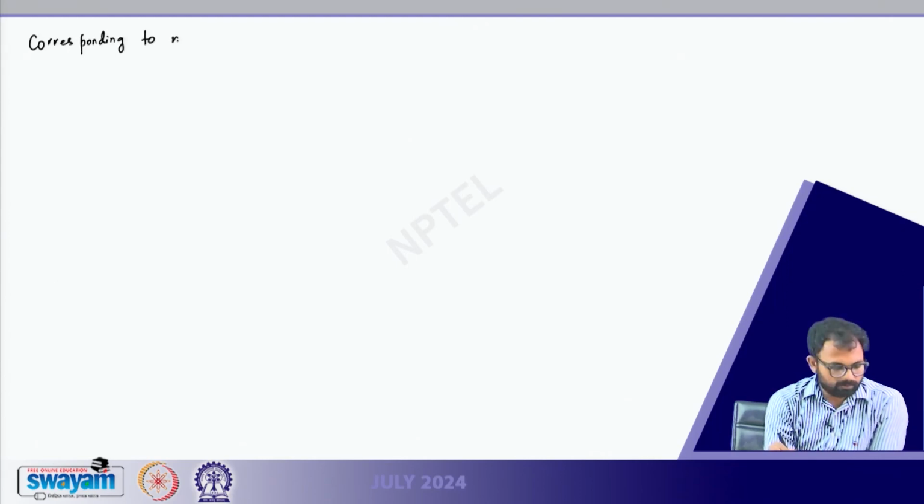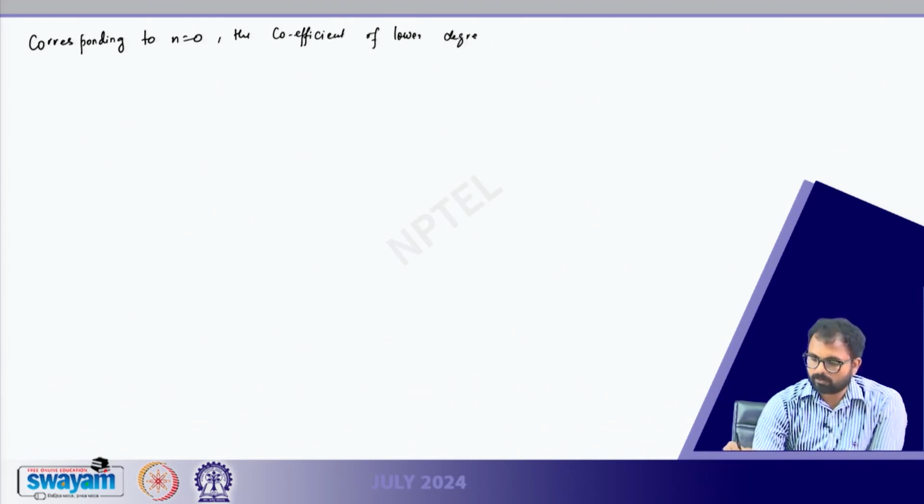n equals to 0, the coefficient of the lower degree term, that is x to the power rho, is C0 rho (rho minus 1) minus C0 rho plus C0, equals to C0 (rho minus 1) whole square, right.